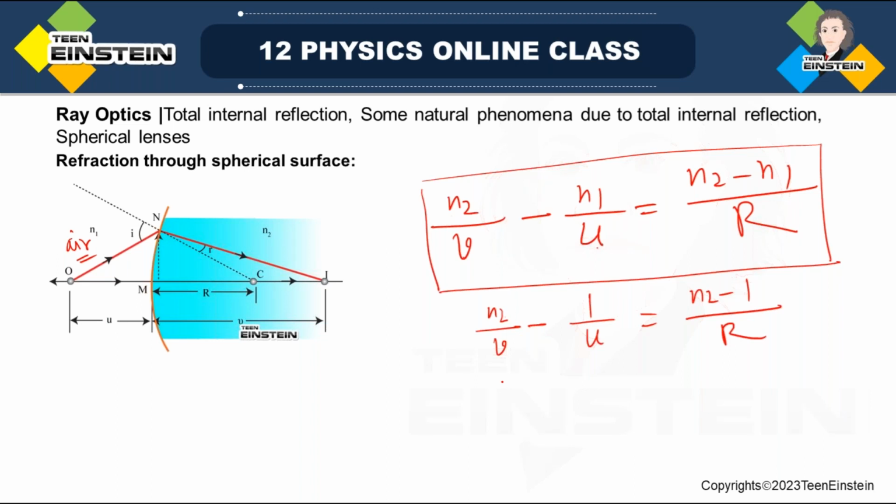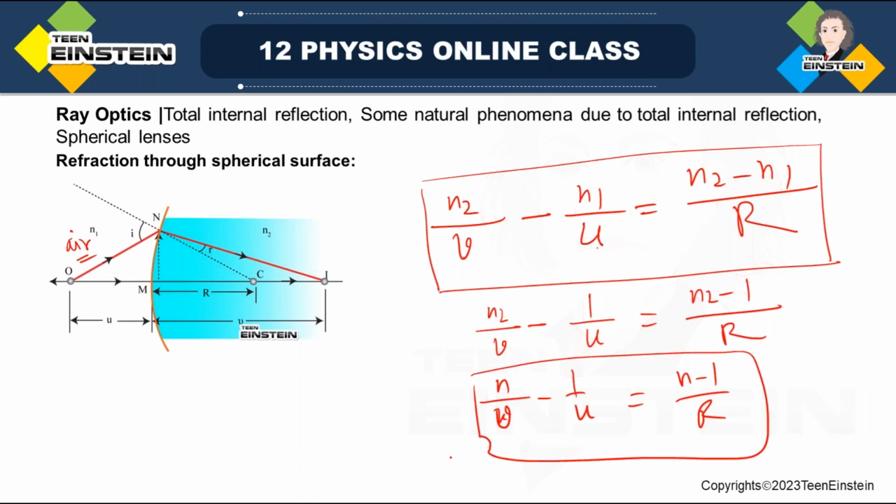Let us write this to be n itself: n by v minus 1 by u is equal to n minus 1 by r. Okay, so this is how we have to remember the formula for refraction through spherical surfaces. I'll stop it here for today.